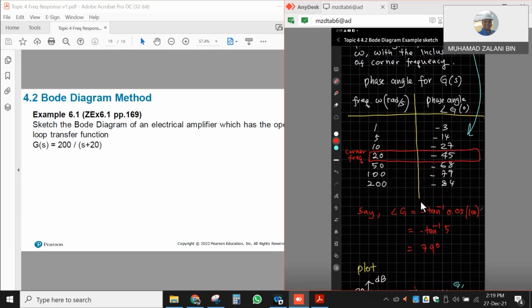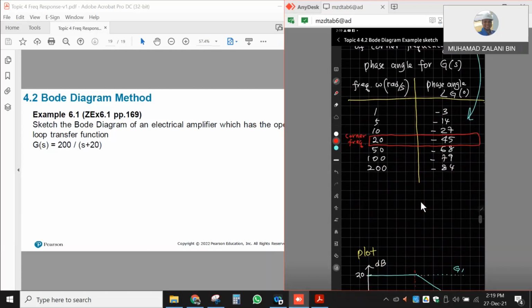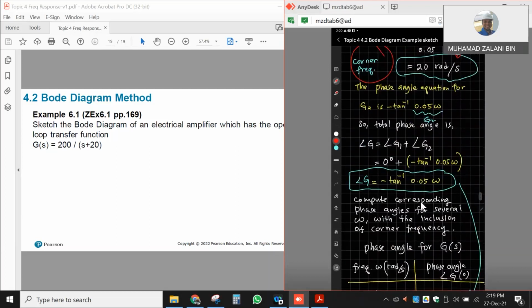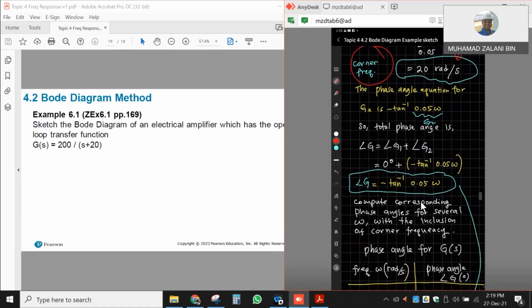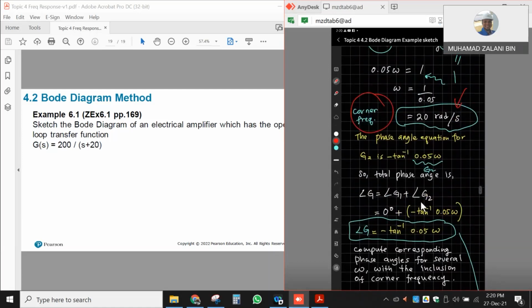This is wrong. Let's say if I want to recalculate the corner frequency, where is the equation for the corner frequency?